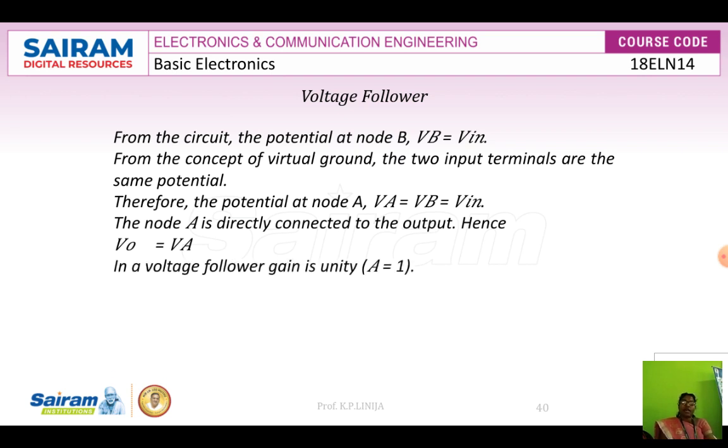But we have to keep it in mind: in the voltage follower, the gain is always unity. Therefore, we will call that A is equal to 1.